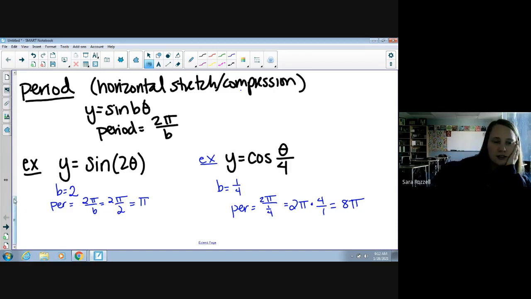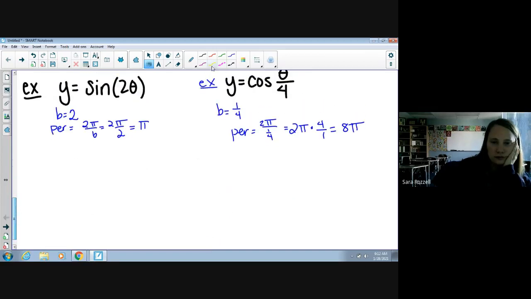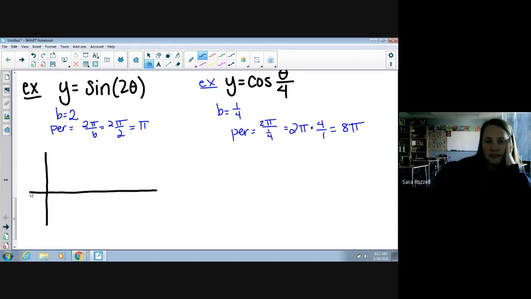Okay, so let's graph our sine first. And I put the numbers on the x-axis based on what my period is. So I know I'm going to start at 0 and I need to be finished by pi.